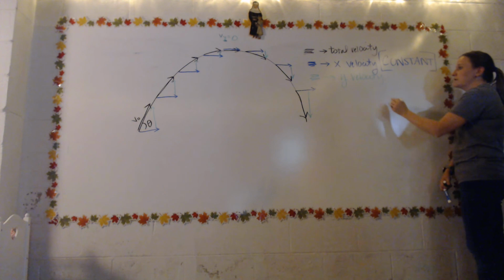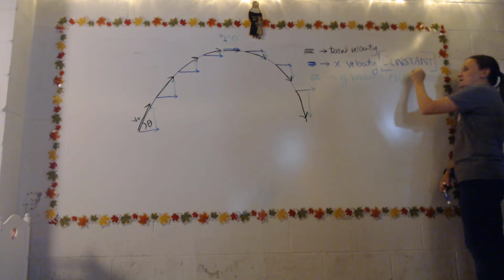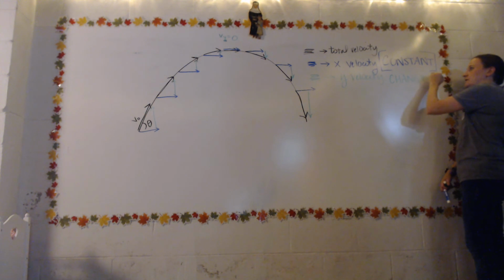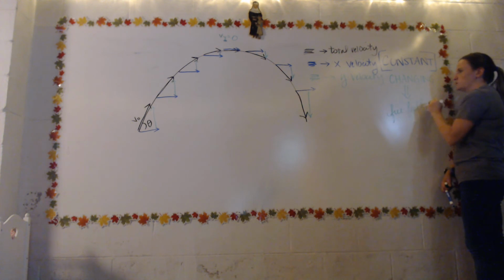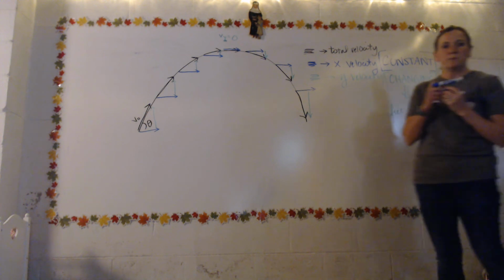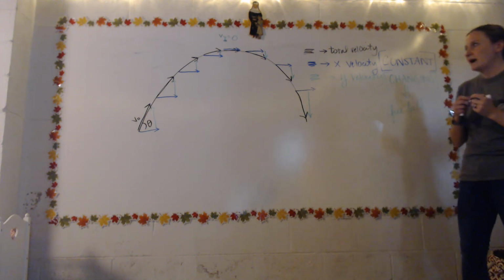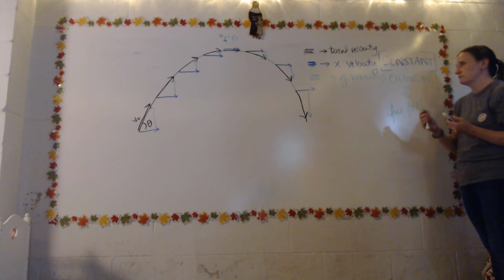So the y velocity is changing. X is constant, y is changing. And it's changing because the object in y is in free fall, which is what we discussed in the last chapter. So the vertical component of motion is impacted by gravity and gravity only. So we would say that this object is in free fall.